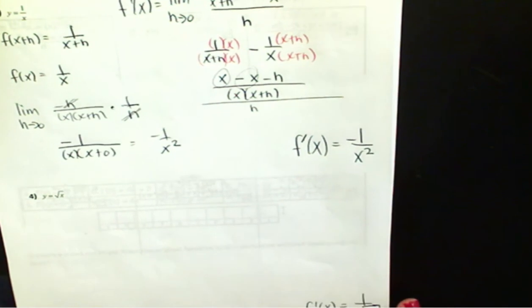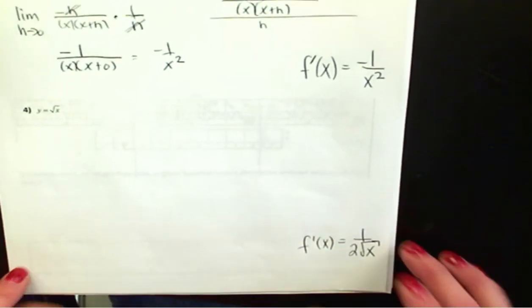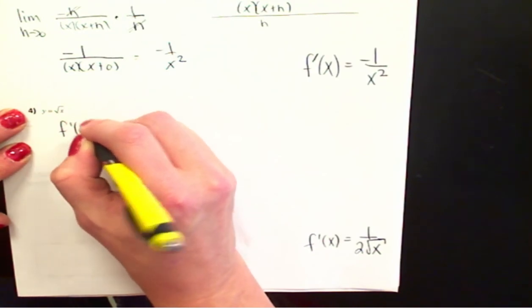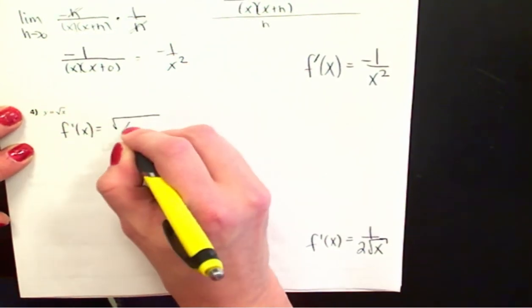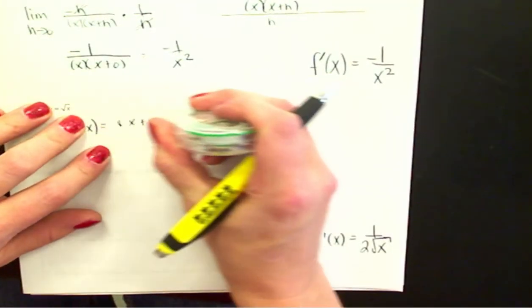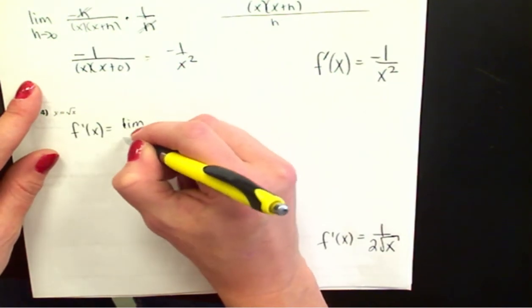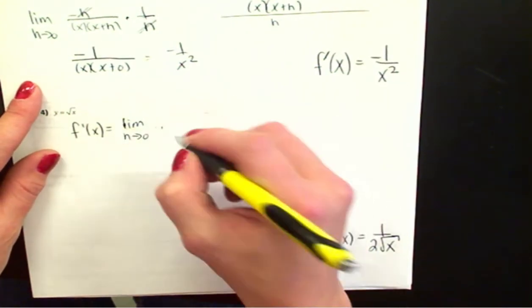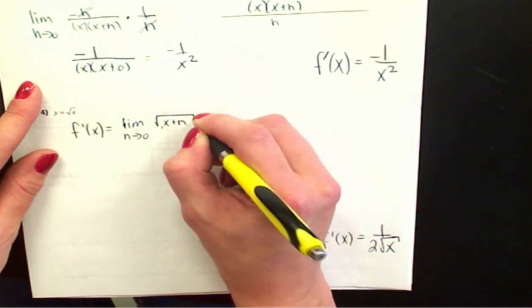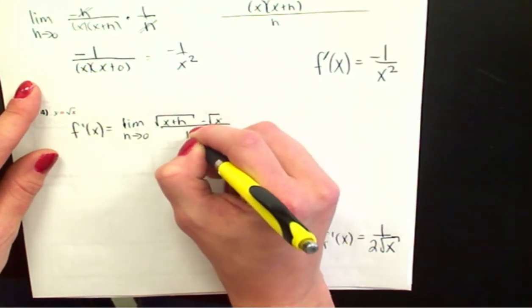All right, we're going to go right into number 4. f prime of x equals root x plus h, oh, I forgot the important part. The limit as h goes to 0 of root x plus h minus root x over h.